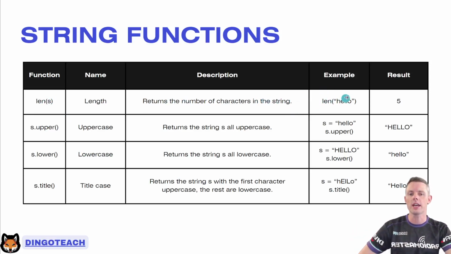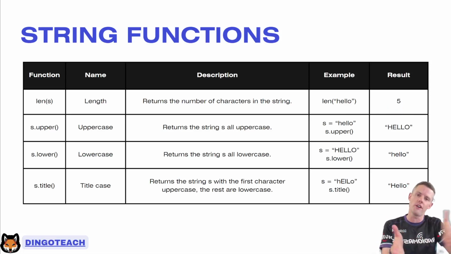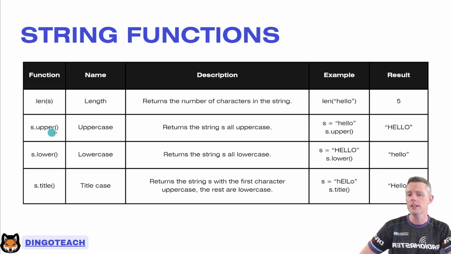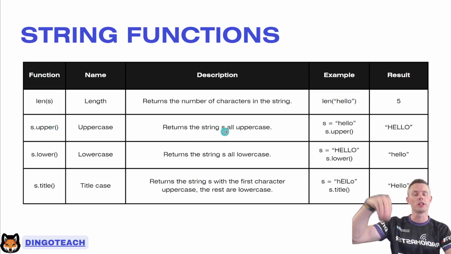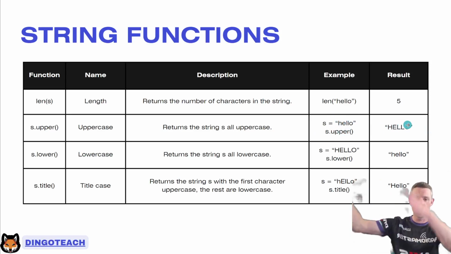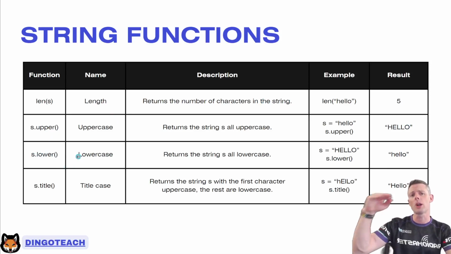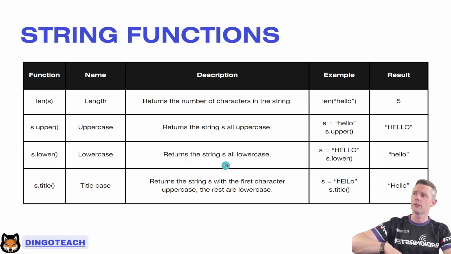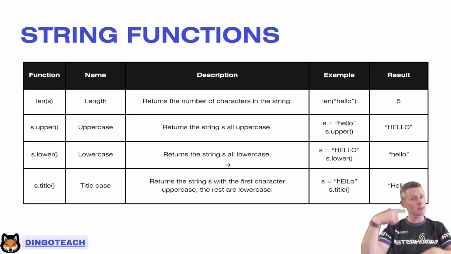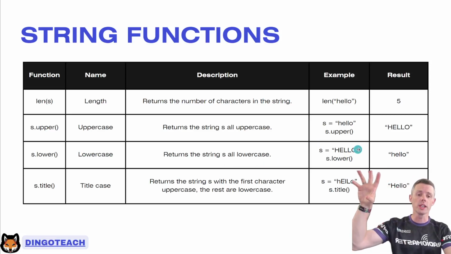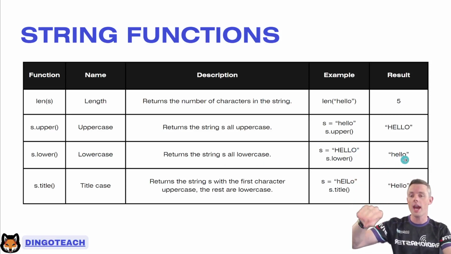So if I type len and put a string in it, it'll return 5 in this case, because hello has got 5 characters. Okay, upper, it takes your string and it converts every letter to uppercase. So hello will be converted to HELLO. Then lower does the exact same thing, but opposite. Okay, that was not a very good way of explaining. It does the opposite of upper. So it takes all your letters and it converts them to lowercase.